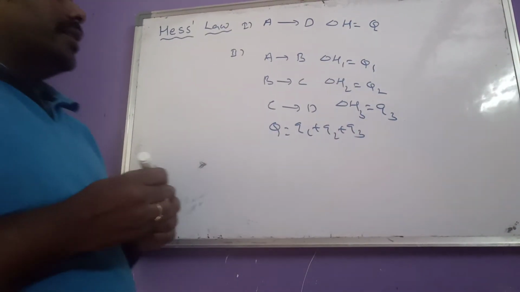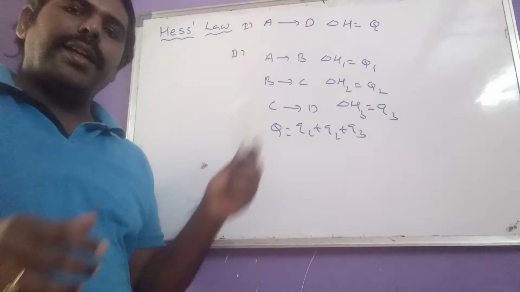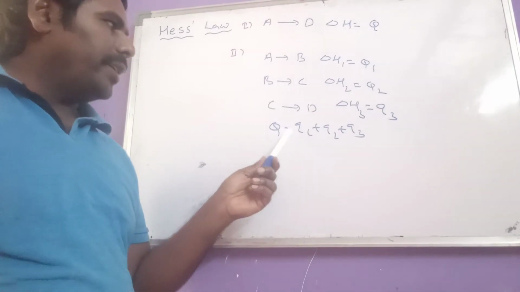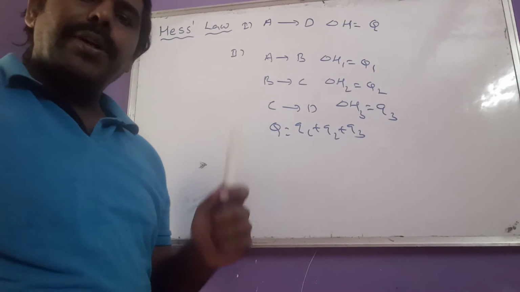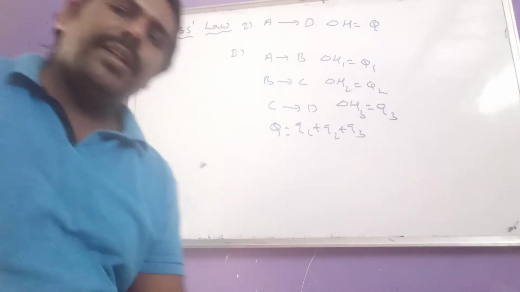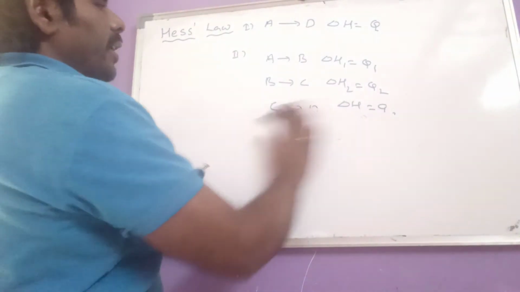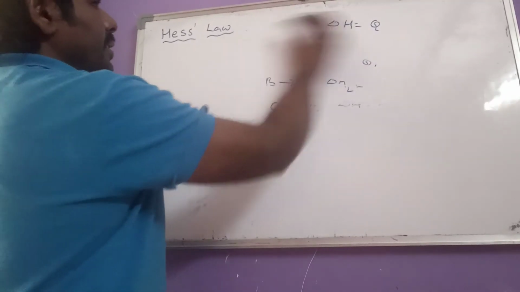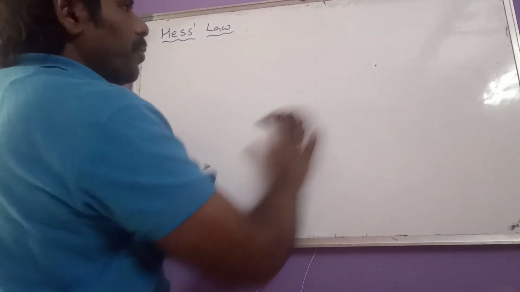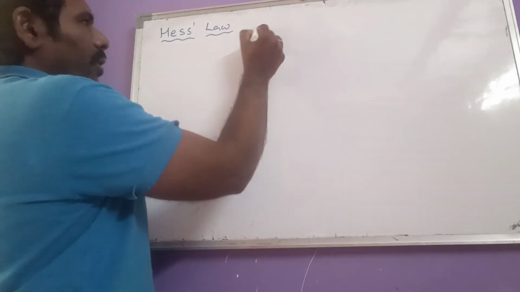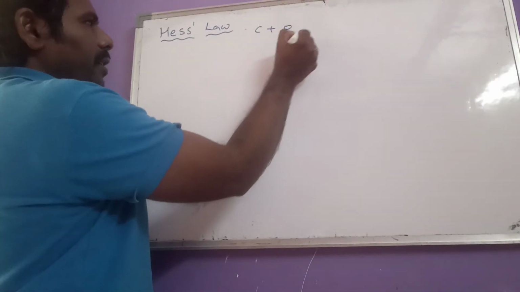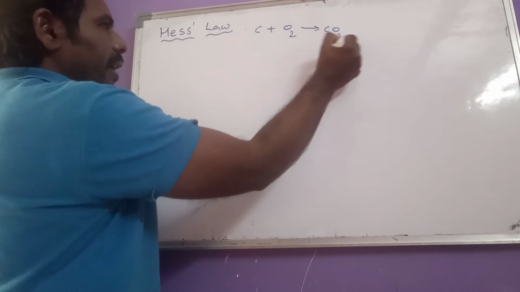That means the heat energy changes in a chemical reaction will remain the same whether the reaction takes place in a single step or in multiple steps. Now, let us see one example for this Hess law. What is that example? Formation of carbon dioxide. Let us consider formation of CO2 in a single step.